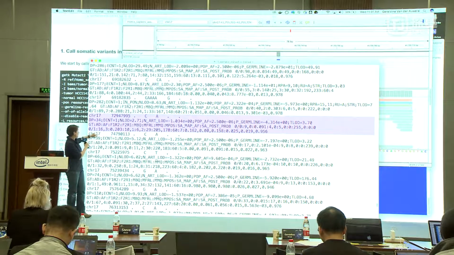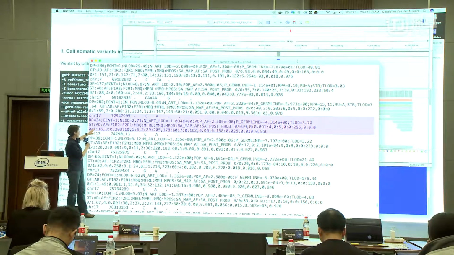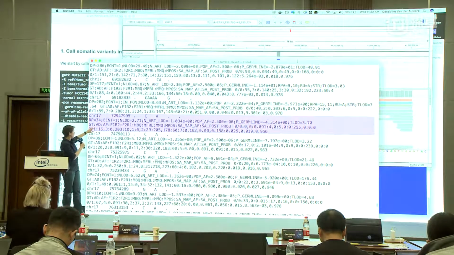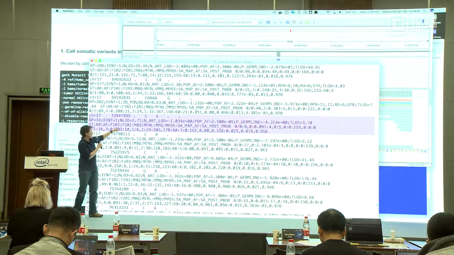There are a few of the usual notations that you're used to seeing, like the depth, DP. But then you'll have some newer ones, like in the genotype fields. We're going to have a lot of annotations, including the allele frequency and then the orientation.